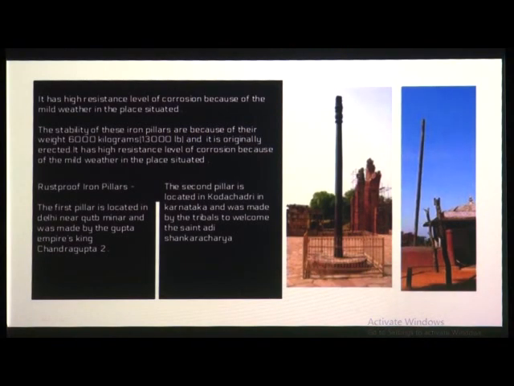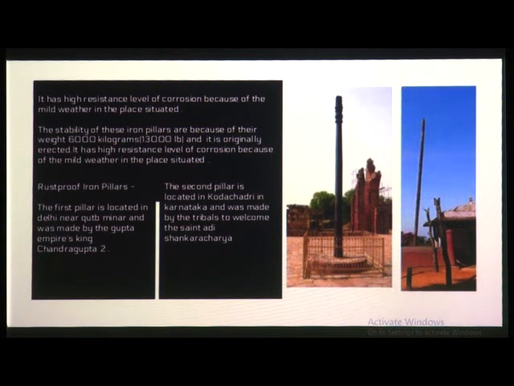So here is the picture in which it is given that it has a high resistance level of corrosion because of the mild weather in the place where it is situated. Where there are water vapors present in the atmosphere, these places have more possibility of corrosion. Whatever iron statues, parts or objects are there, they will get rusted.